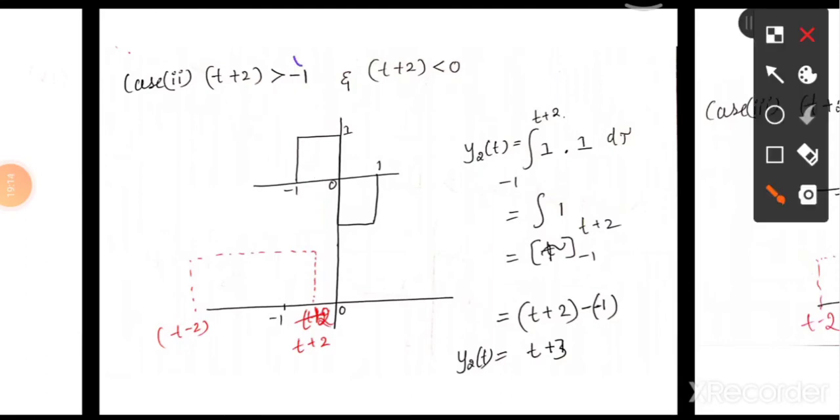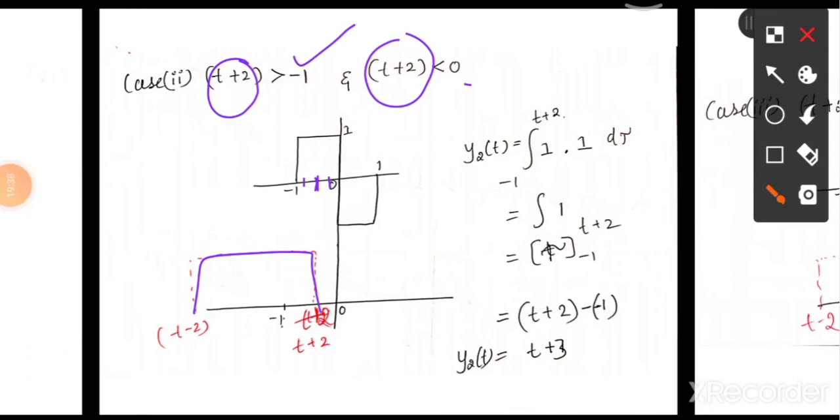Anywhere between this, you can place here or you can place here, but it should be between minus 1 to 0. When you place there, this is your t plus 2 point. Then how much part is overlapped?